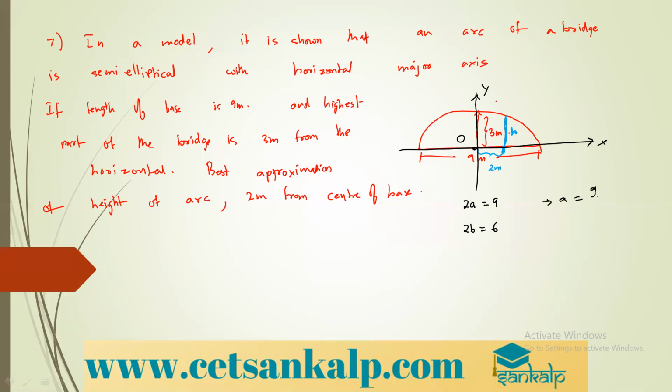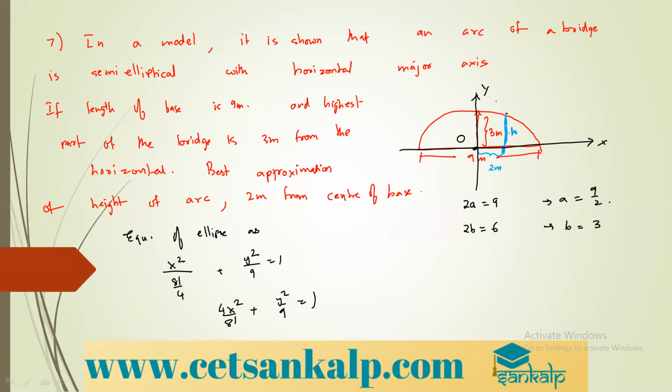That means A is 9 by 2 and B is 3. So I can write the equation of the ellipse as x square by 81 by 4 plus y square by 9 equal to 1, or 4x square by 81 plus y square by 9 equal to 1.